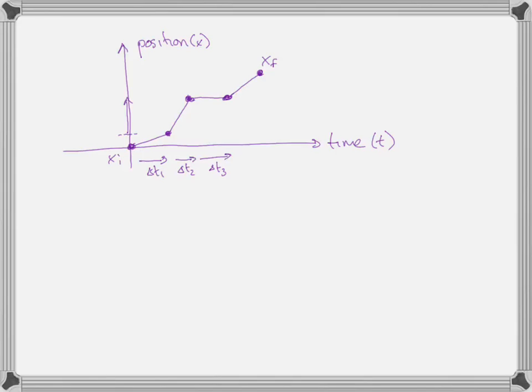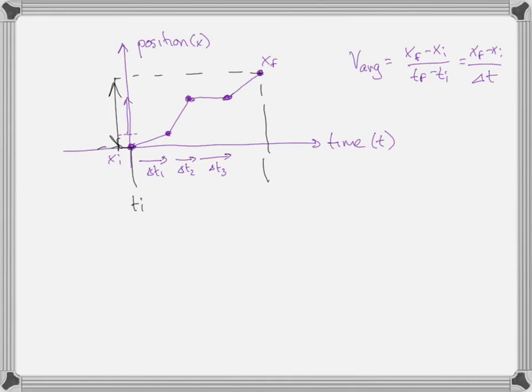V average is x final minus x initial over t final minus t initial, or just x final minus x initial over the total time elapsed, delta t. Let's draw it in a different color. So x final minus x initial is that distance, and t final minus t initial, from t initial to t final, is that time.